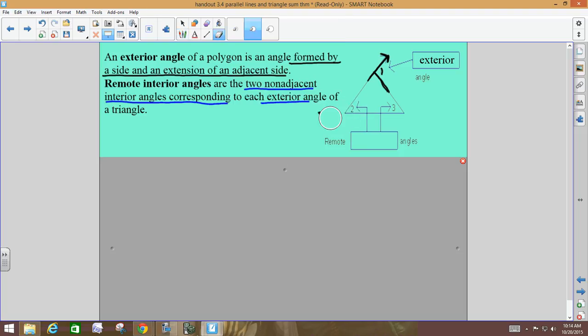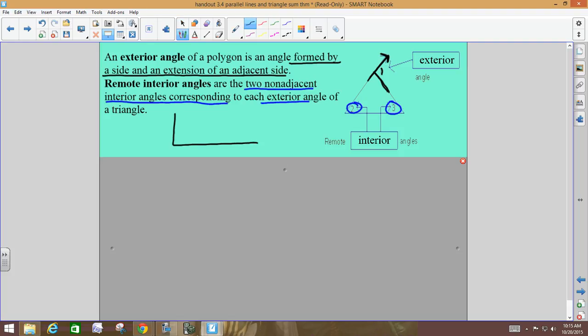If I look at this exterior angle 1, then its remote interior angles are 2 and 3. They're on the inside of the triangle, and they are non-adjacent to the exterior angle. So you're going to pick the 2 angles that are not touching the exterior angle. Those are called your remote interior angles. They're remote according to that exterior angle.